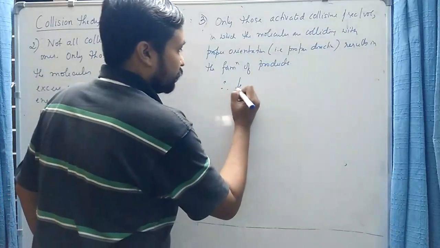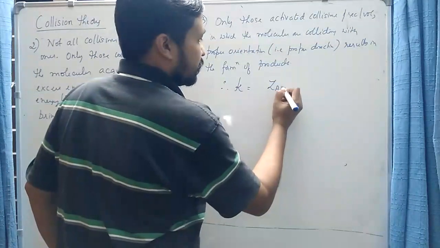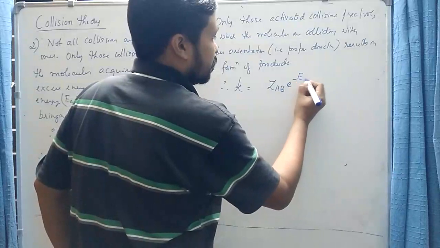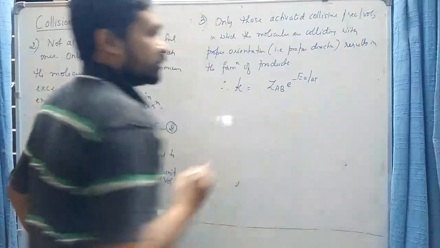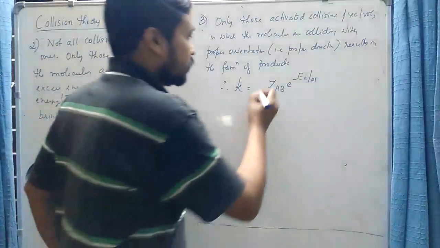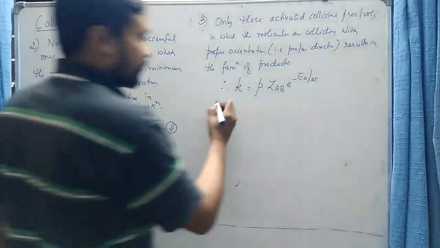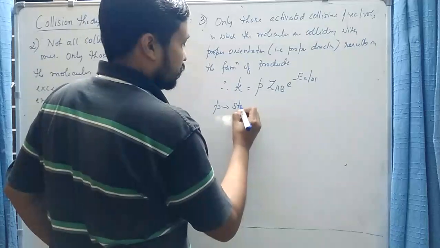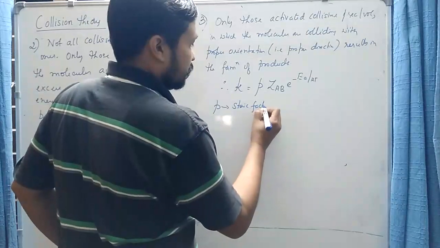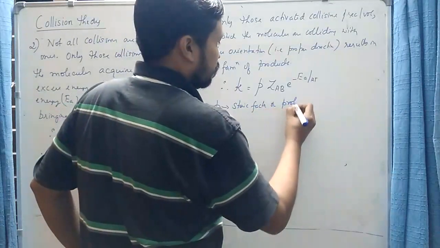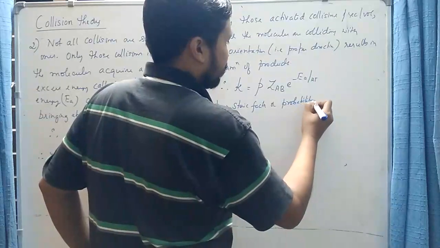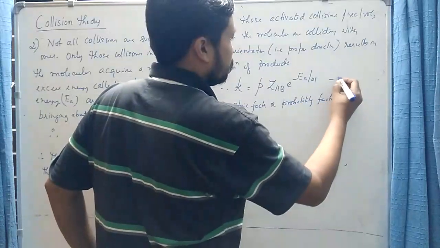So the rate of the reaction is, okay, this is the activated collision. It is now multiplied by a factor P called the steric factor or probability factor.